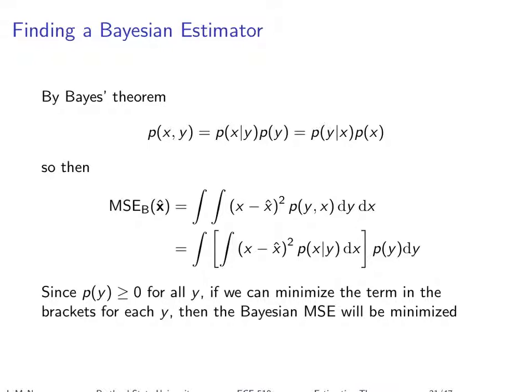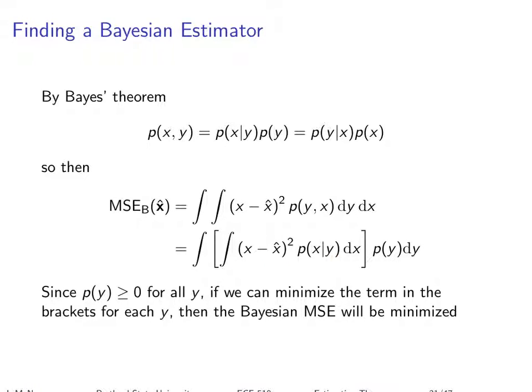One nice thing about this is that because we're only trying to estimate what x hat is, and because this is positive for all values of y, if we can find the x that minimizes this, then it will also minimize this outer integral.